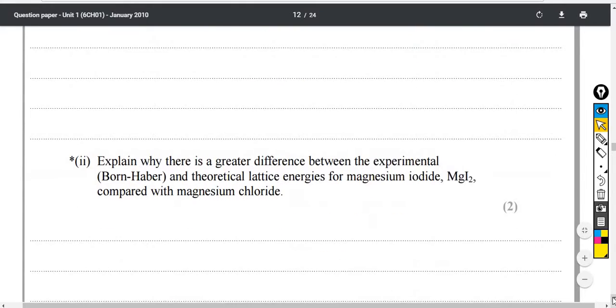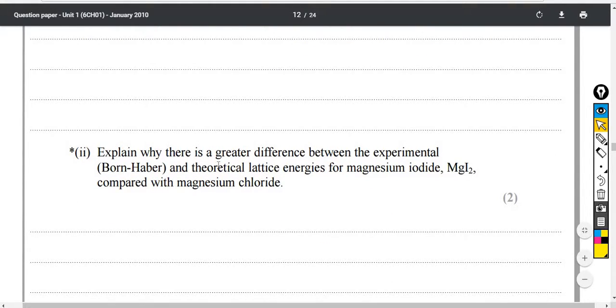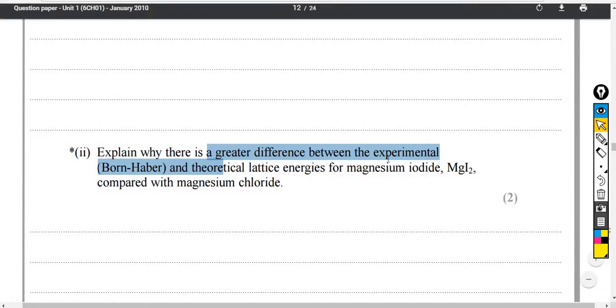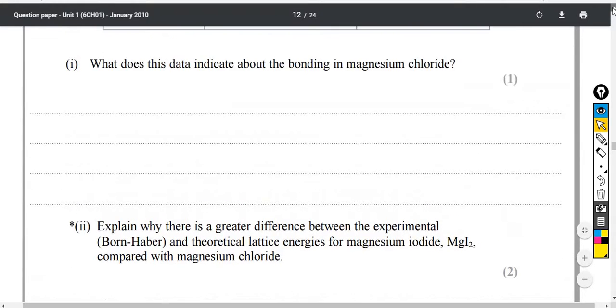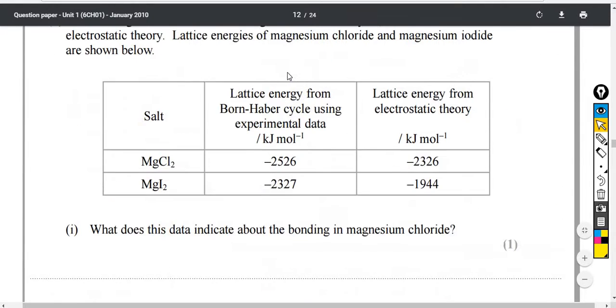Explain why there's a great difference between experimental and theoretical lattice energies of magnesium iodide compared with magnesium chloride. So let's get back to the table here.